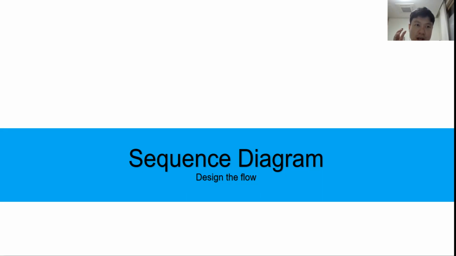So you design who is the user, and then how we have the browser, and then how we connect to the model, and then we have the concept about MVC. The whole MVC concept is the basis to design the system architecture. But now we are trying to create the sequence diagram. So we are going to design the flow.